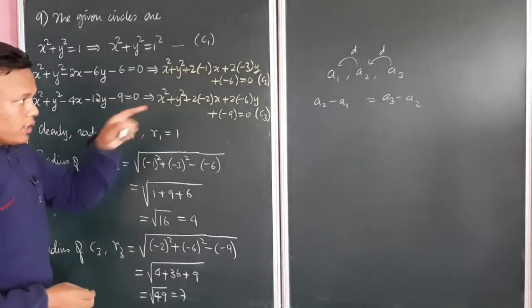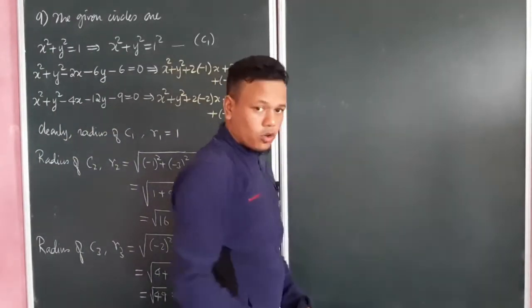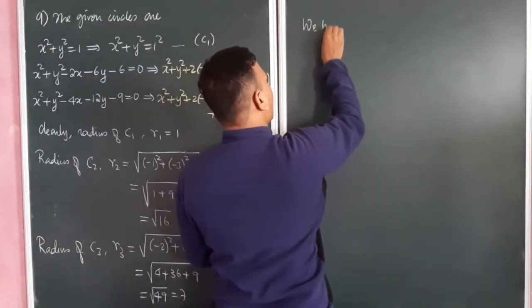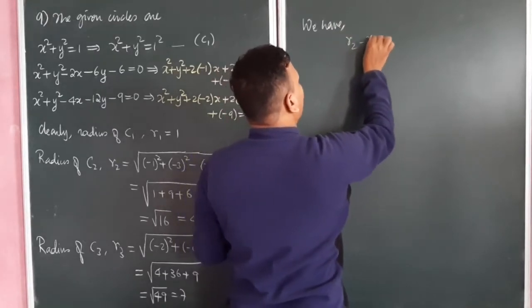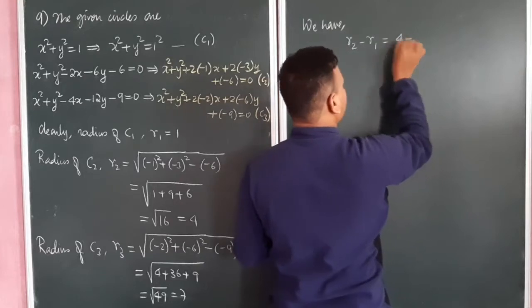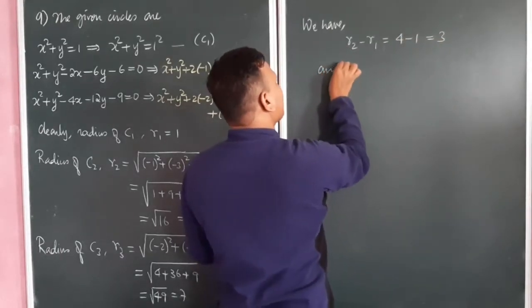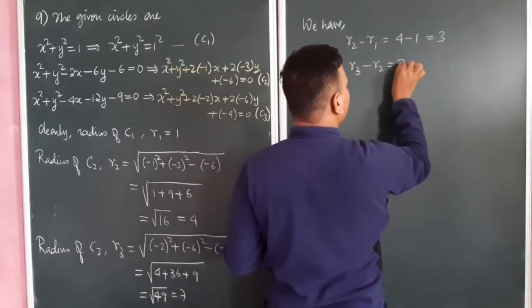Now let's see whether this is satisfied or not, that means whether their common difference is the same or not. So we have R2 minus R1 equals, R2 is 4 minus R1 is 1, which equals 3, and R3 minus R2, where R3 is 7 and R2 is 4.